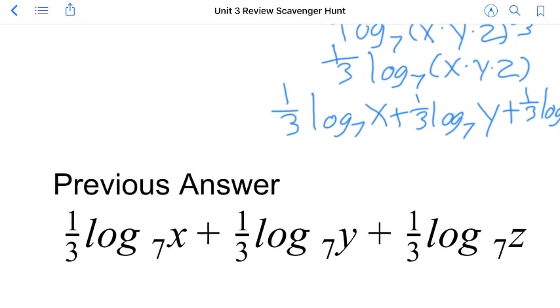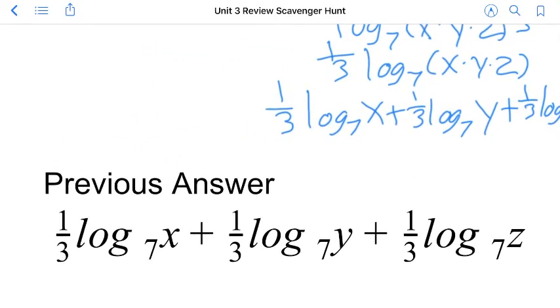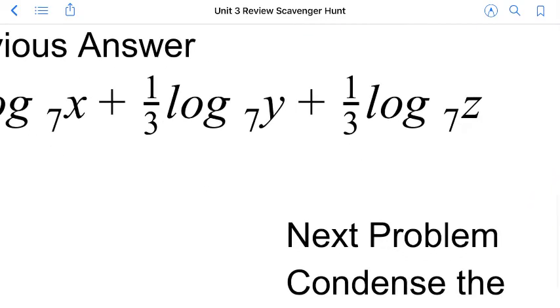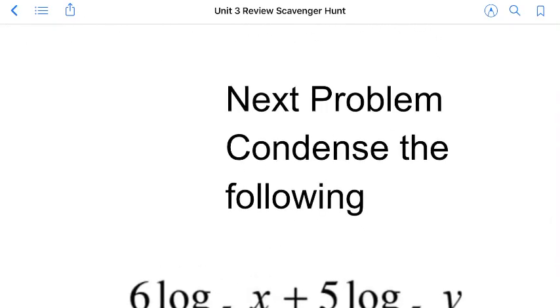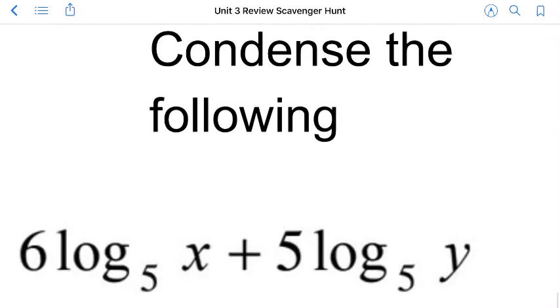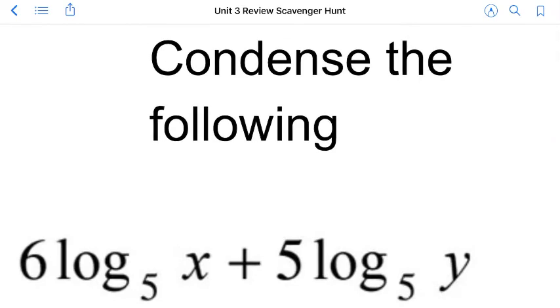So that would match my previous answer that is showing now. Then I go on to my last one, which is a condensing question. So for condensing, we have to kind of redo all of the expanding that has already been done for us.